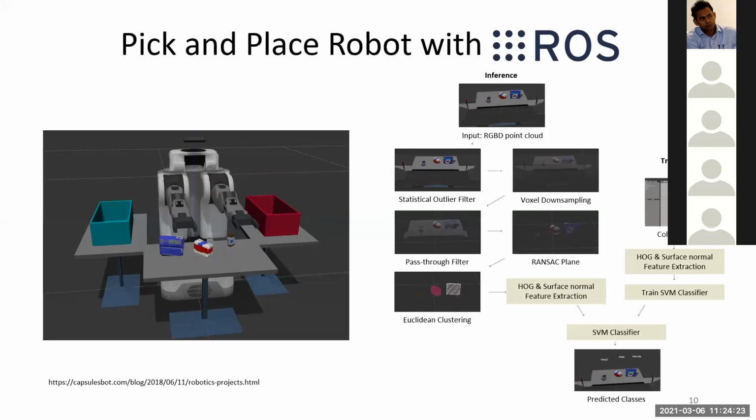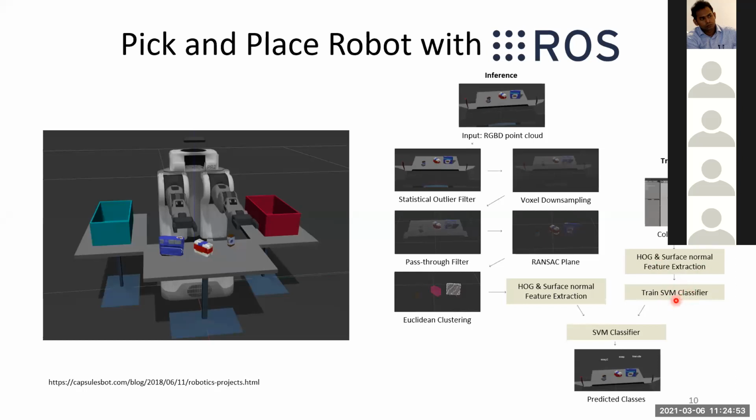From that image data, it extracts HOG and surface normal features. Features of an object can be like edges, corners and so on. These are some advanced features, HOG and surface normal features. Based on these features, we train an SVM classifier. Support vector machine, also known as SVM, is a popular machine learning based algorithm.